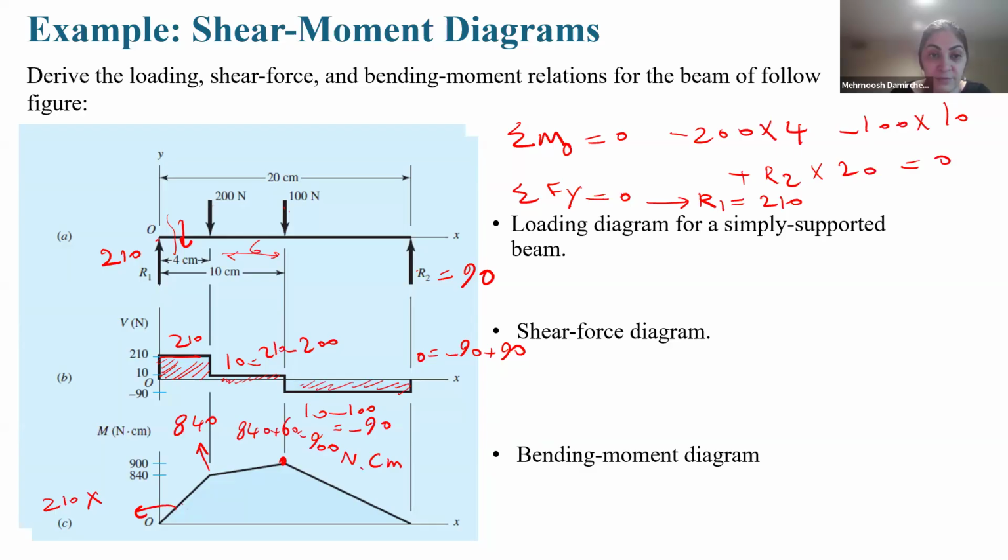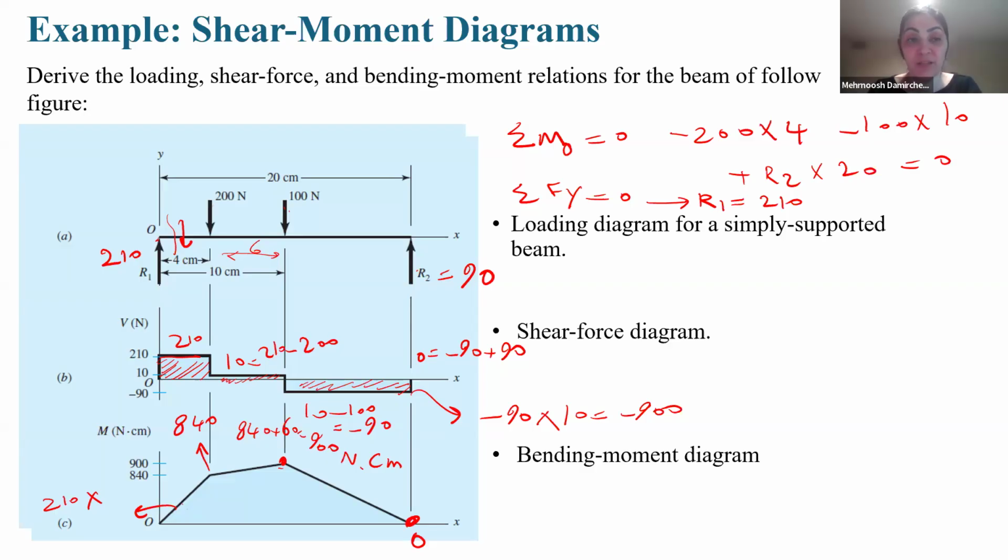This area is minus 90 times 10, which is minus 900. 900 minus 900 reaches 0. And you see how easy it is, without using any equations or equilibrium equations for different parts.